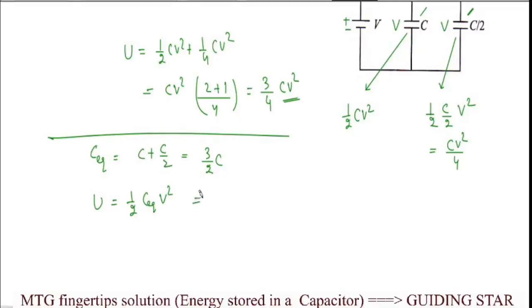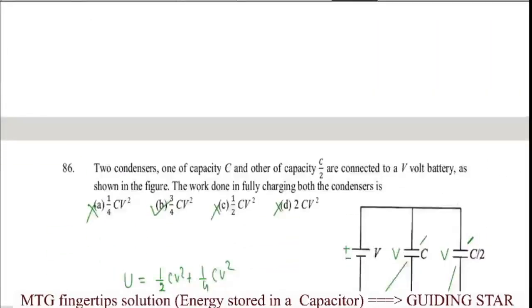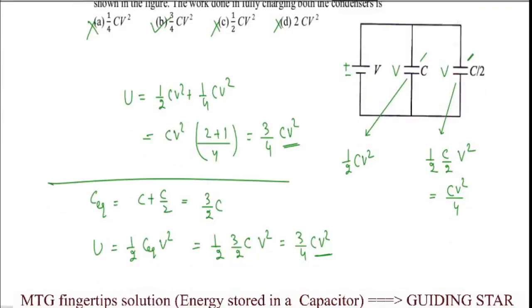So it will be half into 3 by 2 C into V square, which is 3 by 4 C V square. So anyhow we will get the same result.